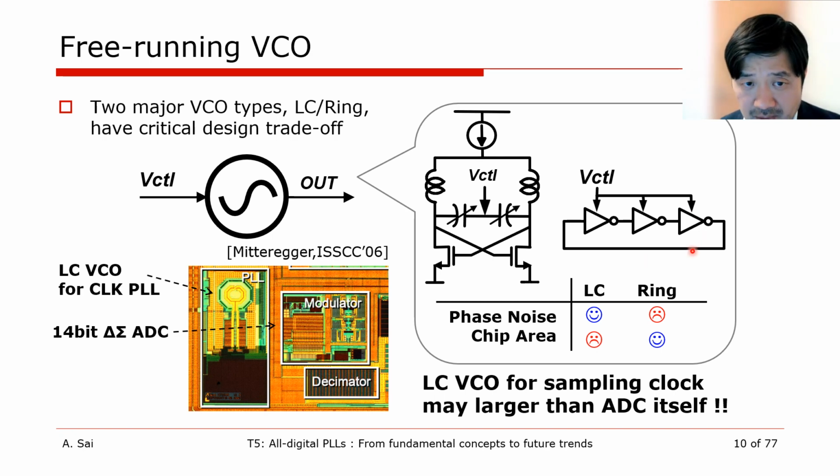For example, if a clock PLL with a jitter of lower than 1 picosecond is designed with an LC VCO, it will require a large chip area as shown here. So, we need to consider the design with a good understanding of PLL performance factors, which is very important.